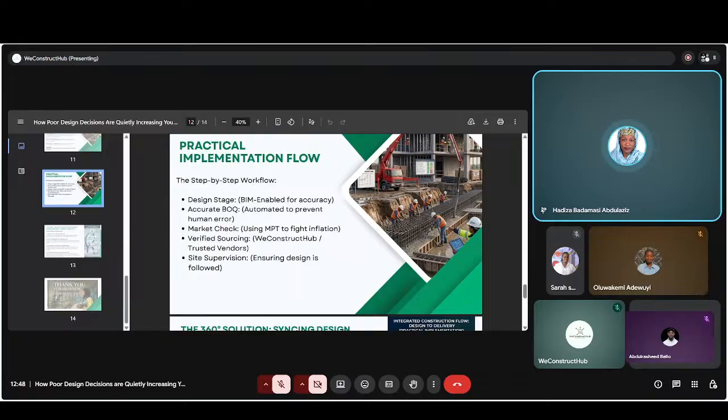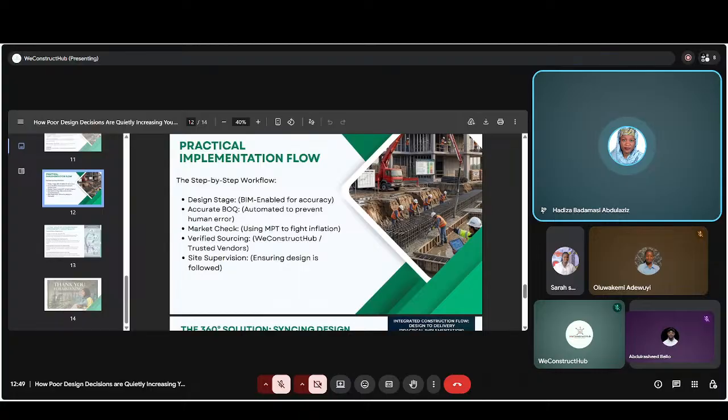So under your site supervision, ensure that the work on site matches the design and specification. Monitor material use, workmanship, and delivery patterns. This is where plans are enforced and cost leakage is controlled.